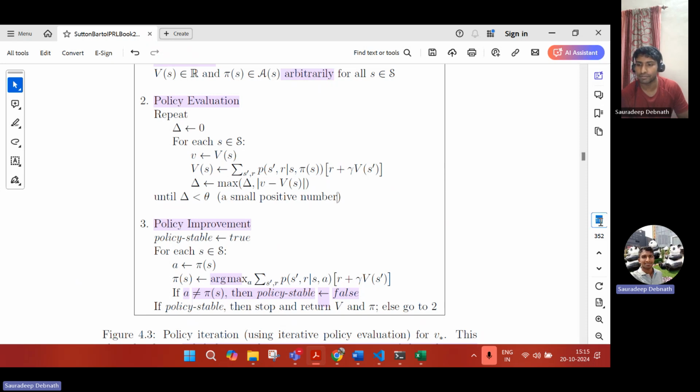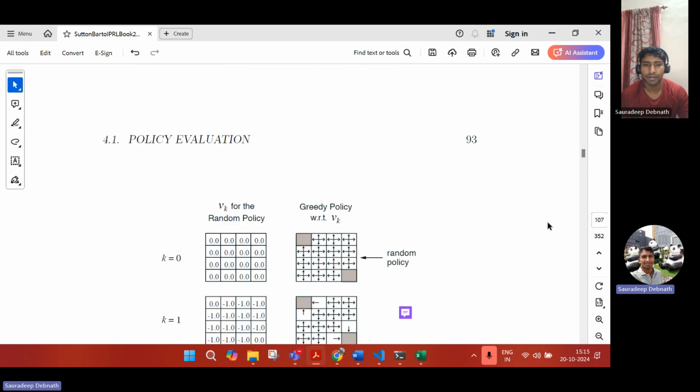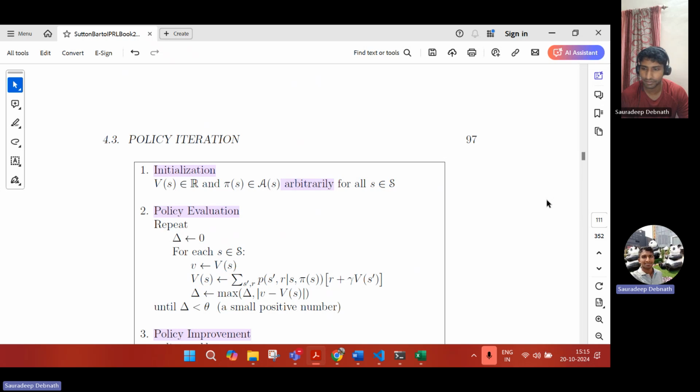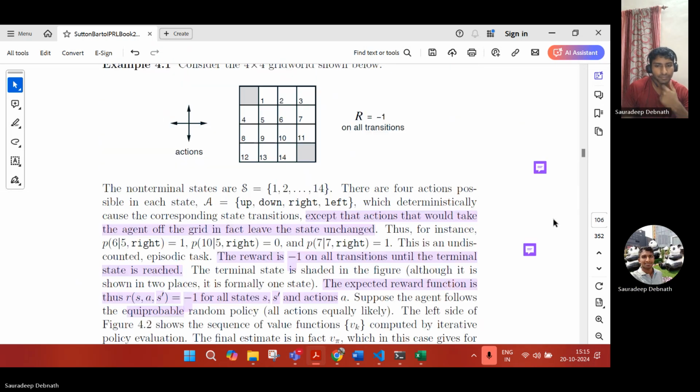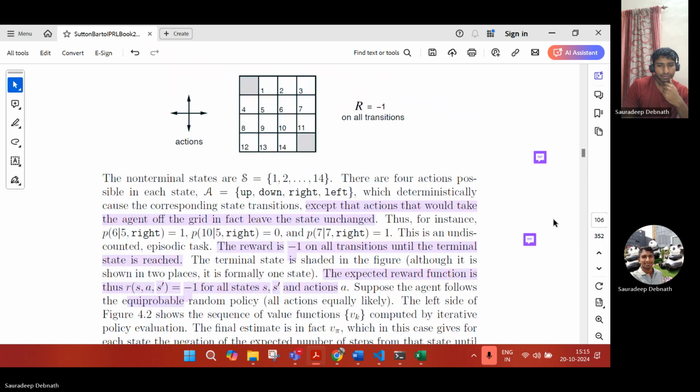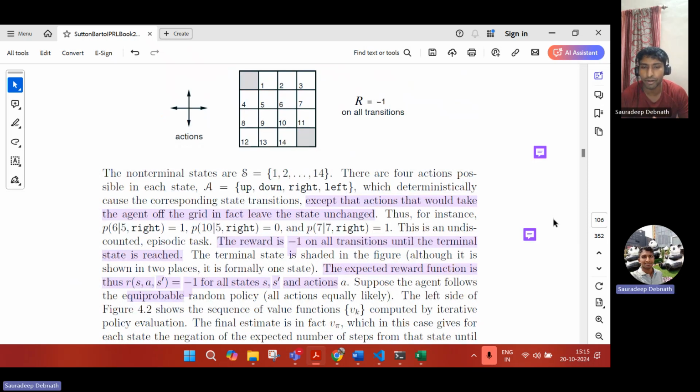Now let's just have a final look before we jump into actually solving it. The small grid world. Just to jog your memories, there is a -1 reward for every action, and the agent is uniformly random. We can take any of the four actions, up, down, left, right, uniformly. But if there is an impossible action, as in something that takes us off the grid, we will just remain there.